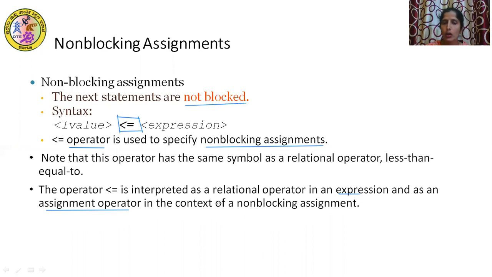Only in the context of a non-blocking assignment statement does it act like an assignment operator. Now let us see an example regarding non-blocking assignment statements.